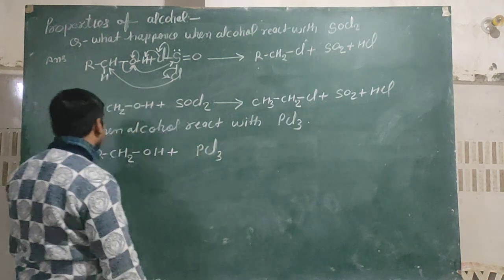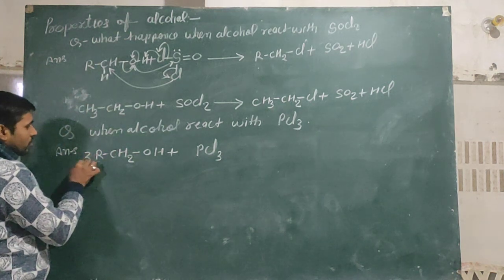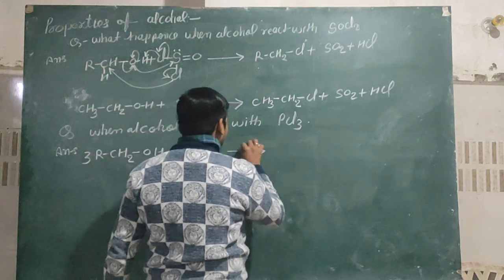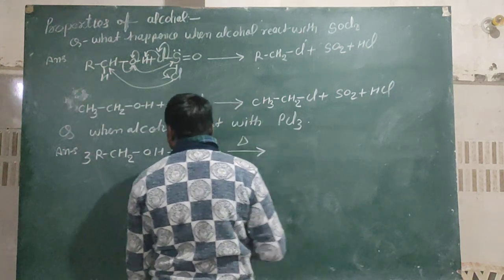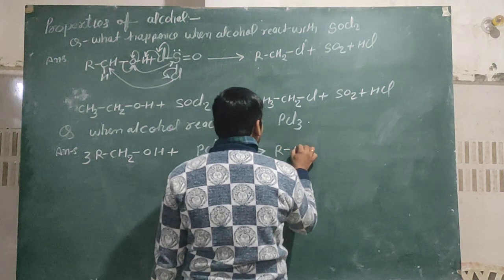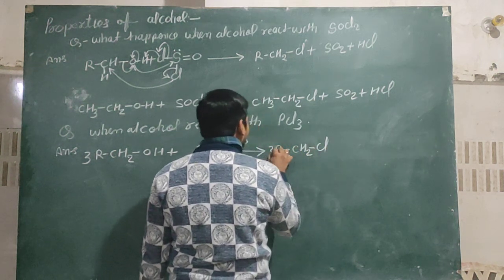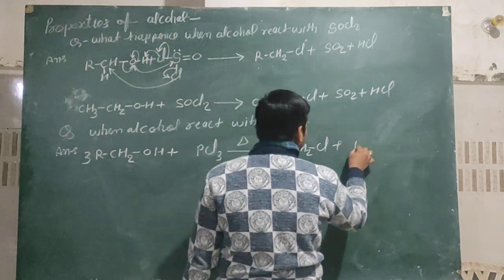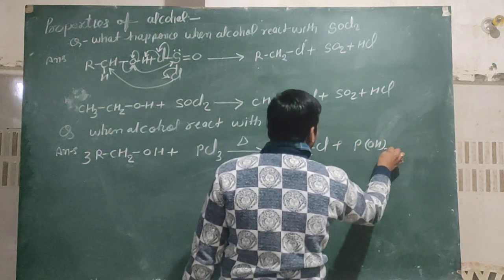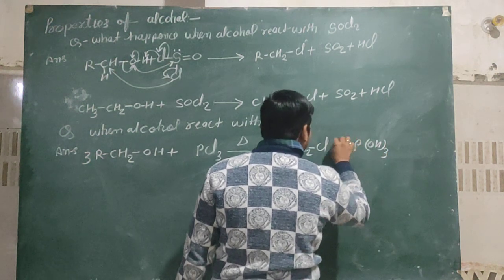Okay, in this reaction we take 3 molecules of alcohol, and when these are heated, they form 3 molecules of R-CH2Cl plus P(OH)3, phosphorus trihydroxide.